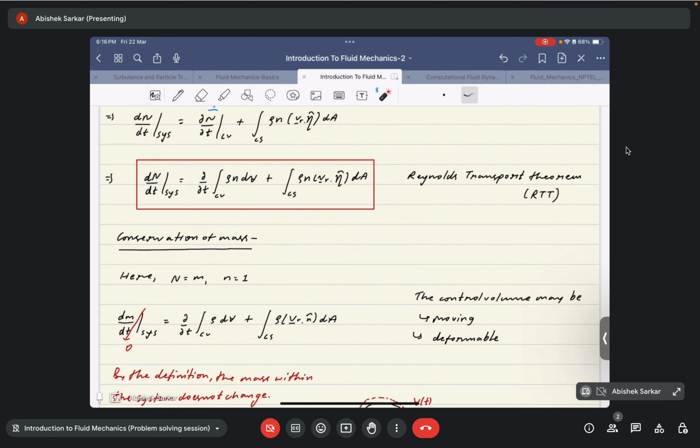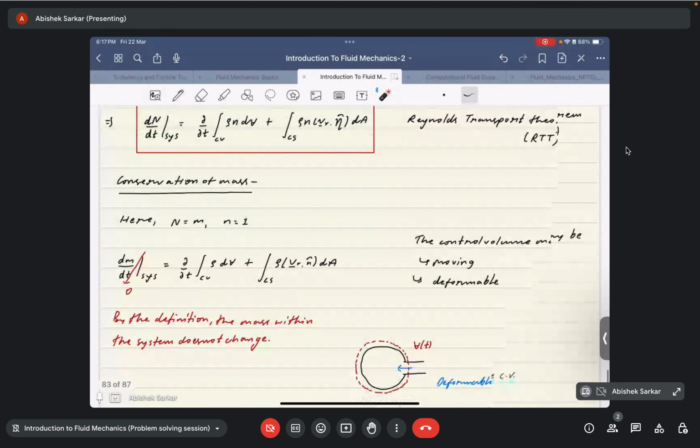The conservation of mass acts as a stepping stone for the learner to understand how to apply RTT for a particular fluid flow problem, and then use it for different conservation laws, say for momentum conservation or energy conservation. The very concept of applicability of the RTT could be very well understood by starting with problems that deal with the conservation of mass.